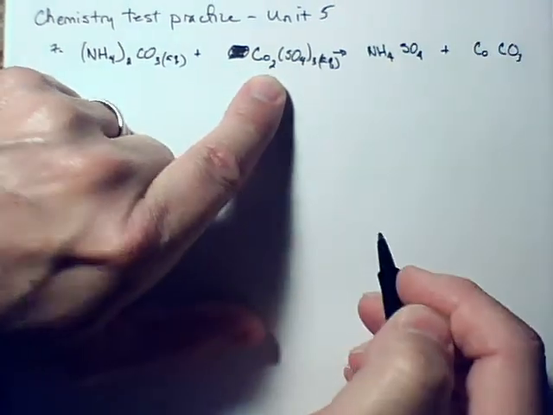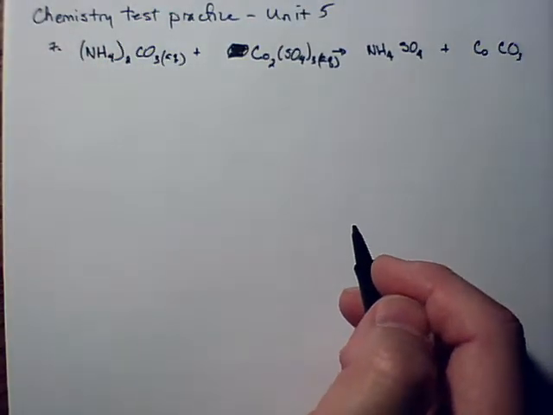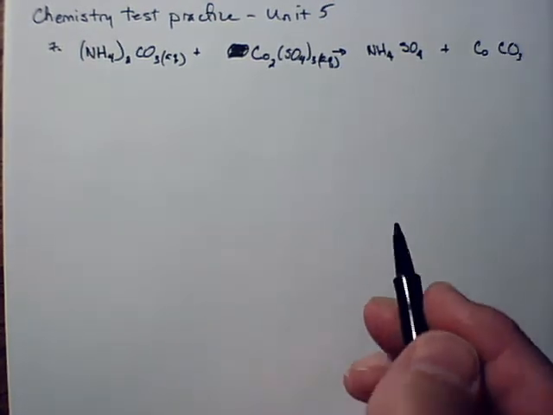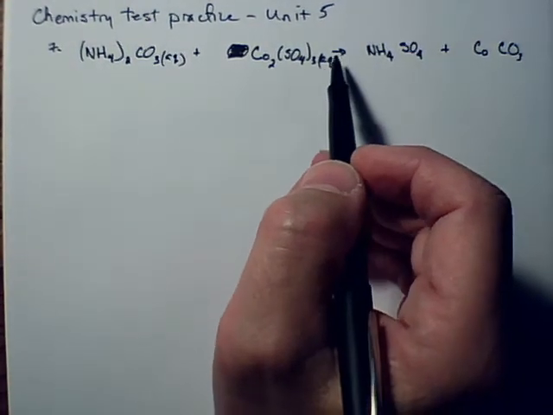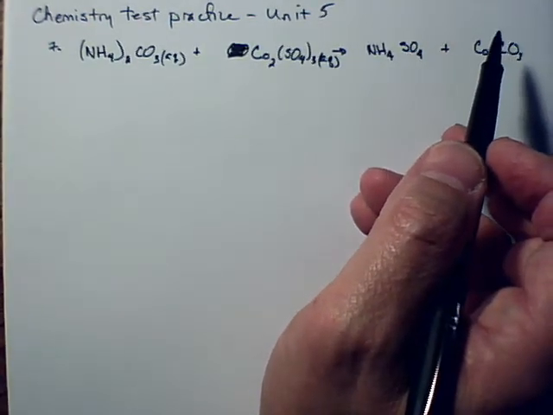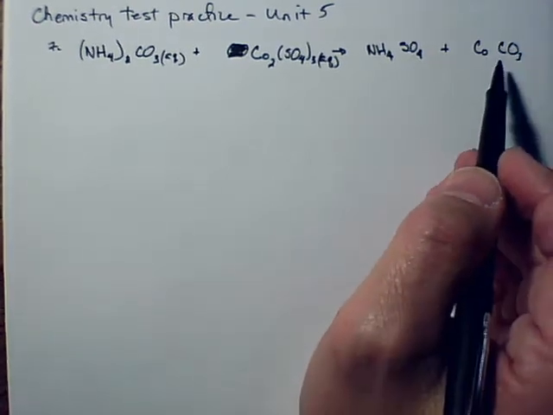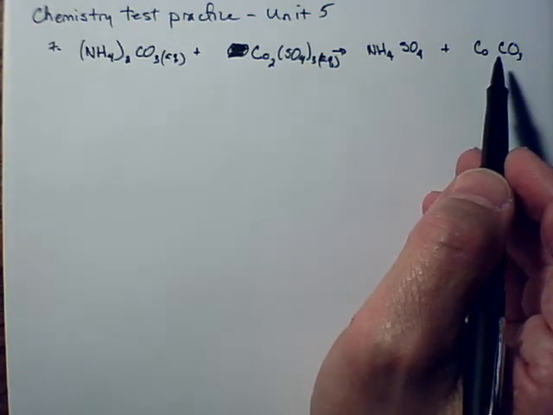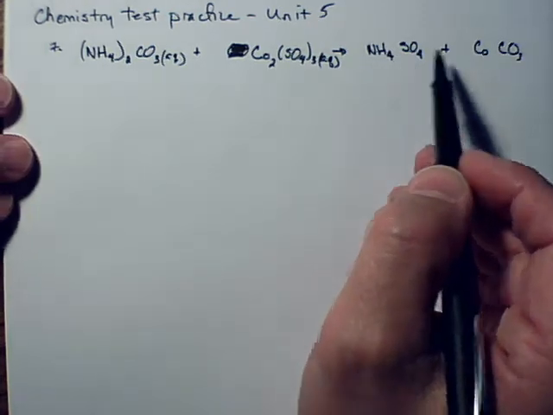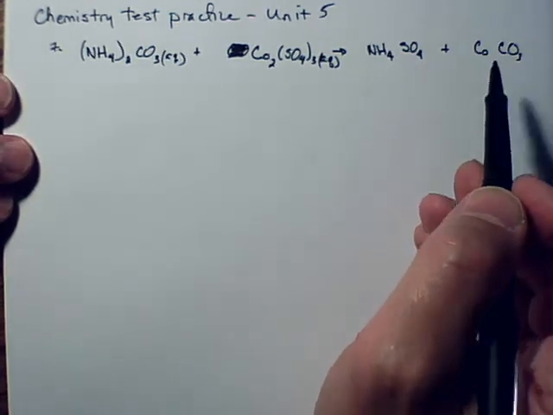Now, before we do anything else, we really would save ourselves time if we figure out the physical states. The reason for that is that in order for a double replacement reaction to occur, at least at this point in your chemistry career, you need to have a driving force. And for double replacement reactions, the driving forces require that you have a certain physical state of product.